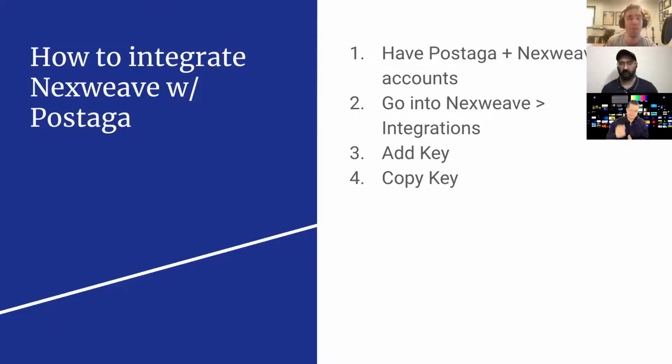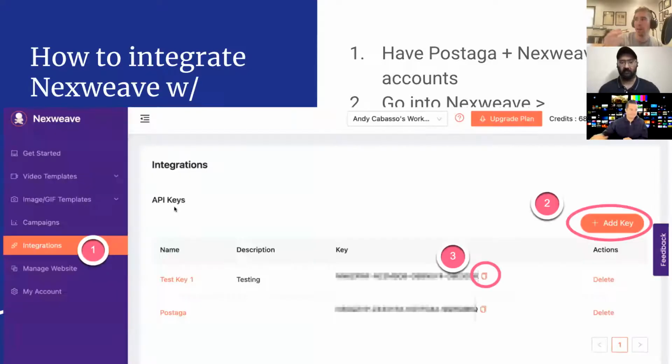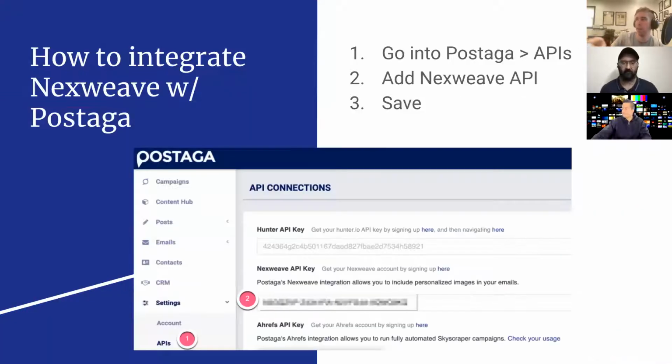Following up on this, we'll share out the help docs for how to get this integration set up. But basically, first you'll go into Nexweave, go into the integrations, and add a key, and here are the steps on how to do that. Then you'll copy that, and in your Postaga account, in your APIs page, you'll add Nexweave.